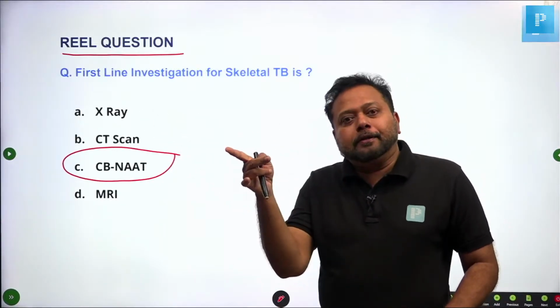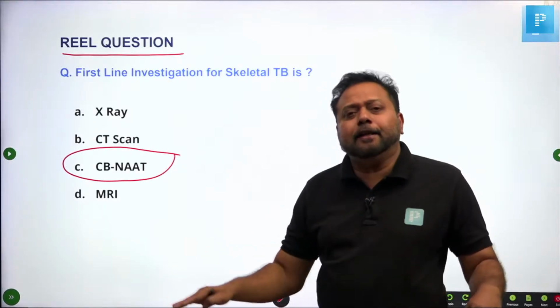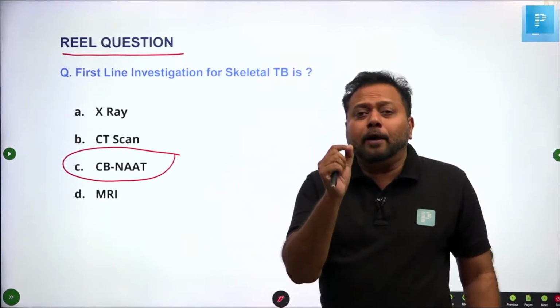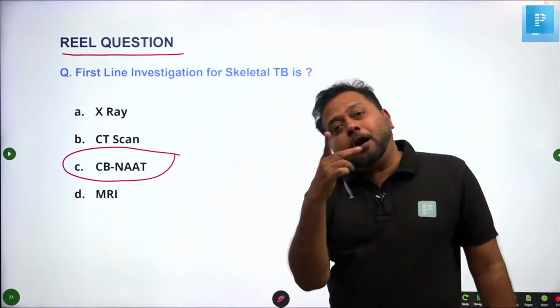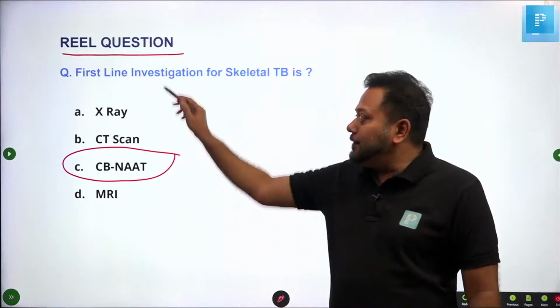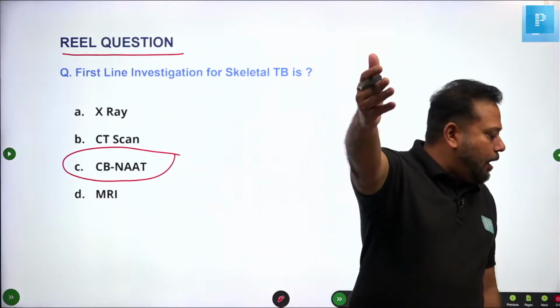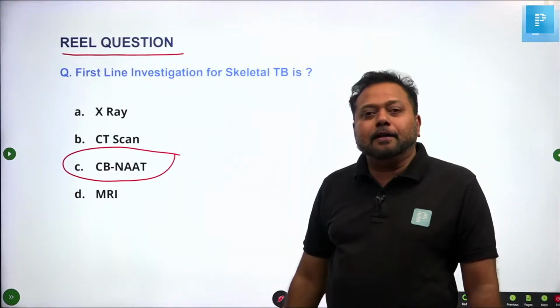In extrapulmonary tuberculosis, X-ray is a very late investigation. It won't show you anything in the initial phase. So WHO has very clearly said that the first line investigation for extrapulmonary tuberculosis is CB-NAT. This is our question and all of you have answered it correctly.